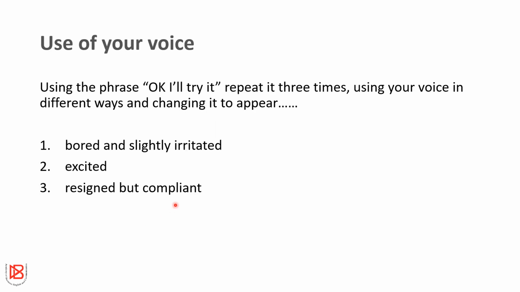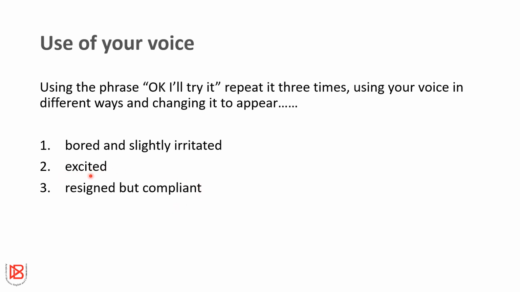Let me take it to you. Using the phrase, okay, I will try it, repeat it 3 times, changing your voice each time. So let me say, okay, I'll try it, or okay, I'll try it. Okay, I will try it. Now, what have you noticed about the way I have said it to you? First was resigned but complaining, as if my voice was on a bigger, louder pitch.